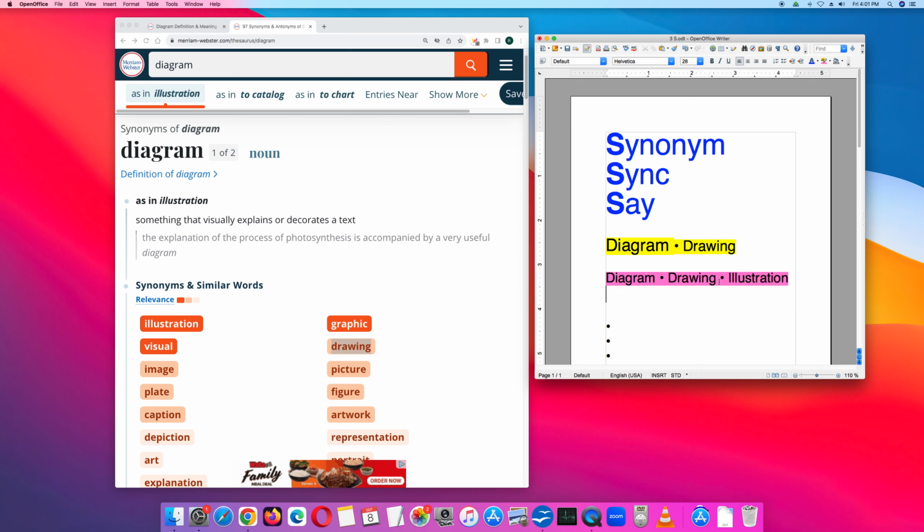The reason why I like drawing a lot, and the brain likes the number 3, so if you want to do a 4th synonym, instead of adding it to illustration, you drop the illustration, and then you do diagram, drawing, then graphic.